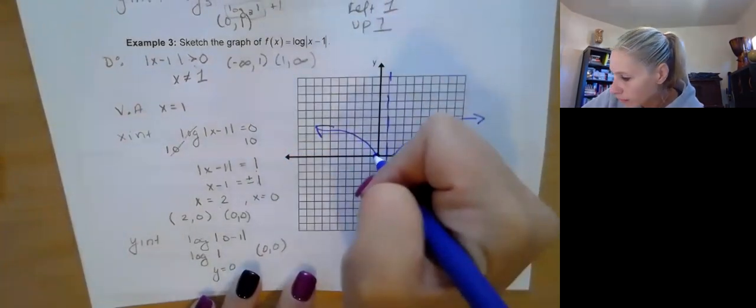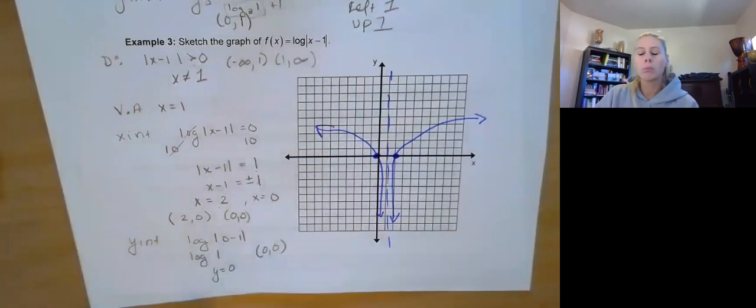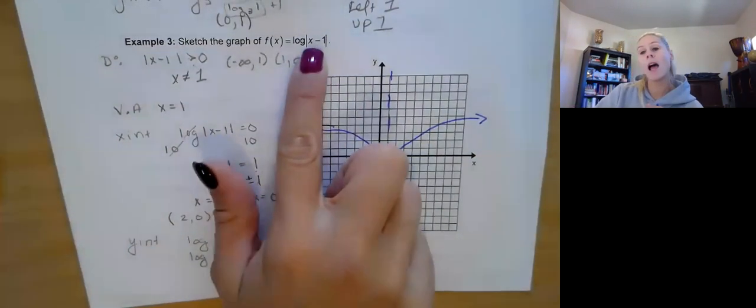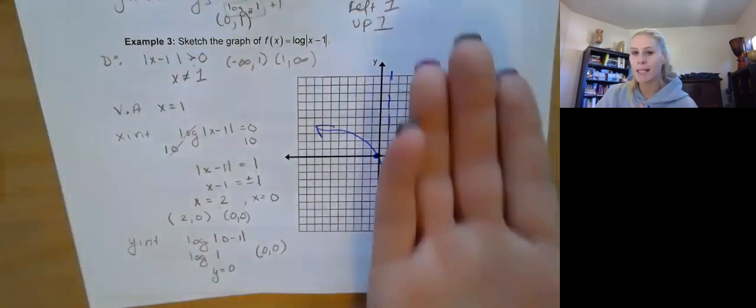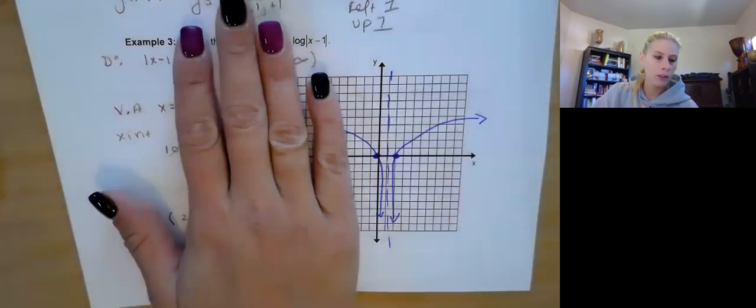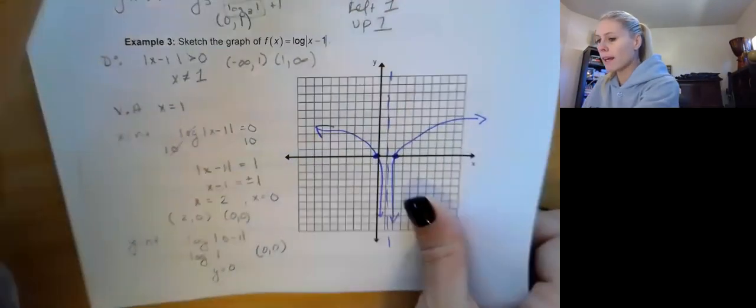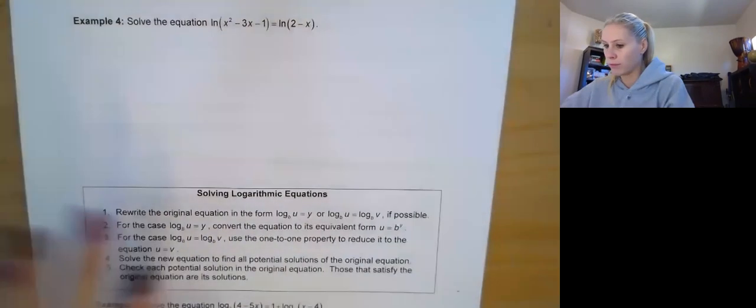And if you wanted to get very particular, of course, all you have to do is plug in numbers and find out exactly where they go. But absolute value on the inside makes whatever is on the right side flip over to the left. Awesome. All right, let's see what else this has in store for us right now.